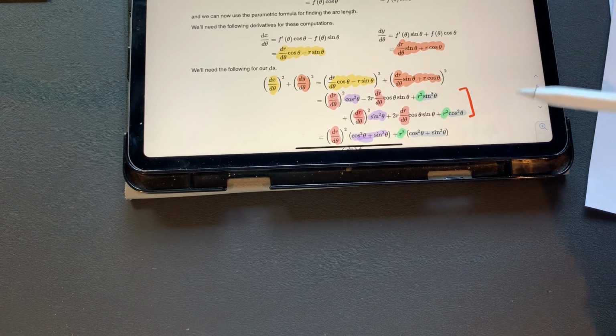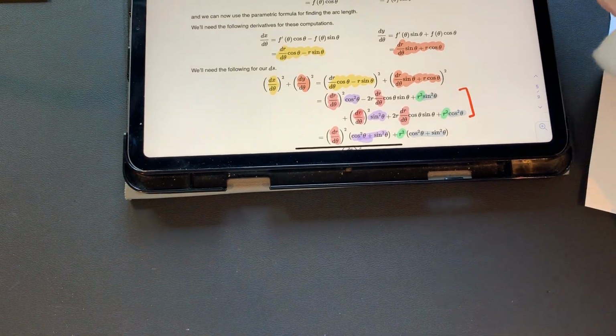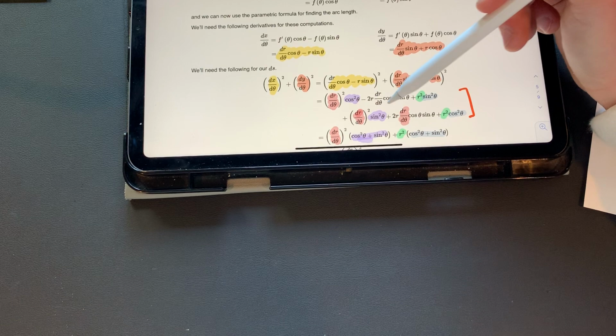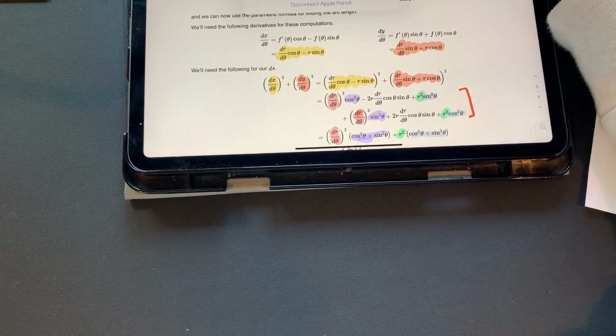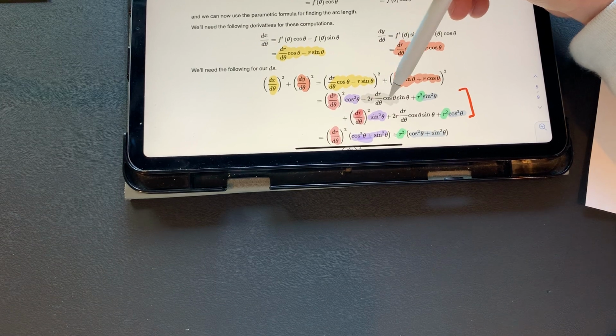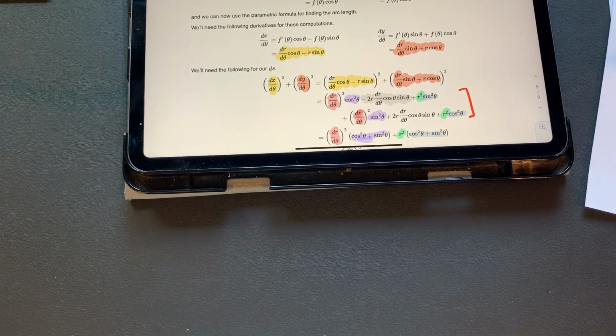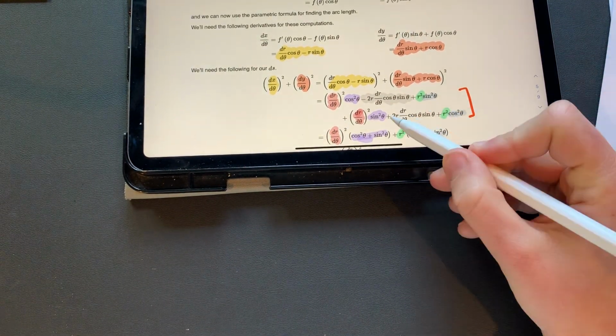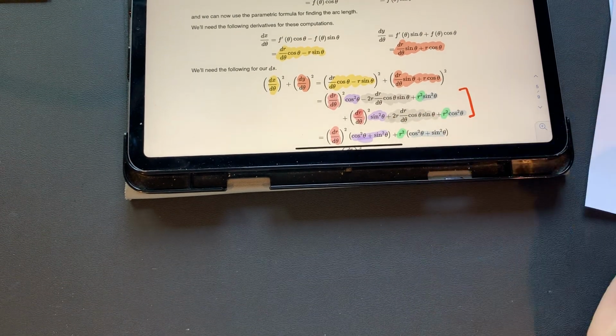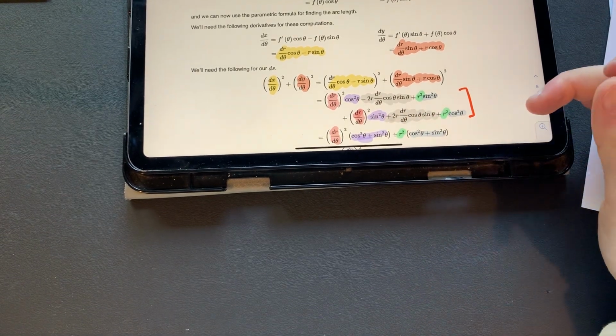And then you might be thinking, well, what happened to the other terms that we highlighted? So that was here and here. I'll give them another color. Well, one is a minus. So minus 2r dr d theta, cosine theta, sine theta. And we're adding the same thing, so they're going to subtract to 0. So that's why it disappears.